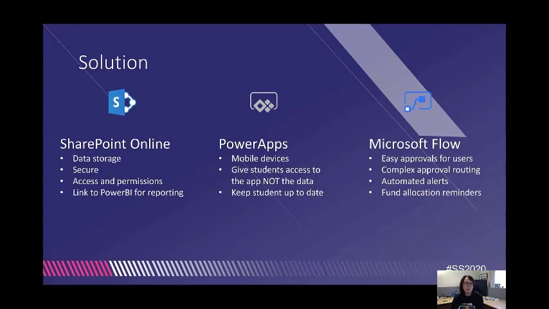And obviously we're going to want Power BI to do the reporting, nice and easy from SharePoint Online. PowerApps to be able to give students access to the app, not the data. That was our big call there, and to be used on mobile devices. Well, there's a nice twist coming to that one. And Microsoft Flow, as it was called then, I must update my slides, Power Automate, to build flows to make those complex approvals happen.